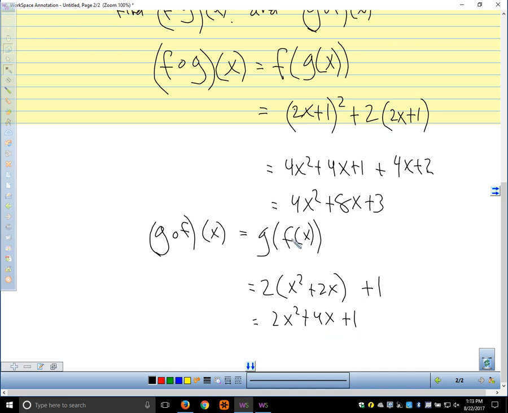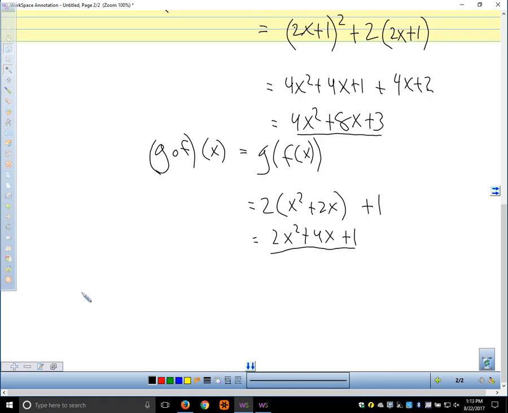And we can see that those are not the same. In general, g of f doesn't equal f of g. A fancy way to say that is composition is not commutative.